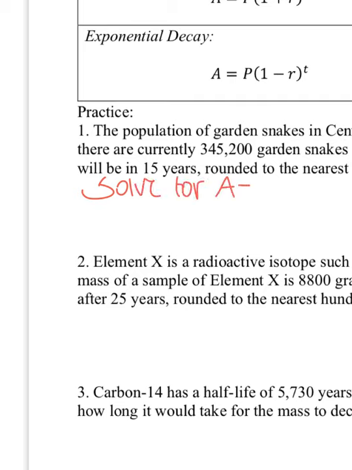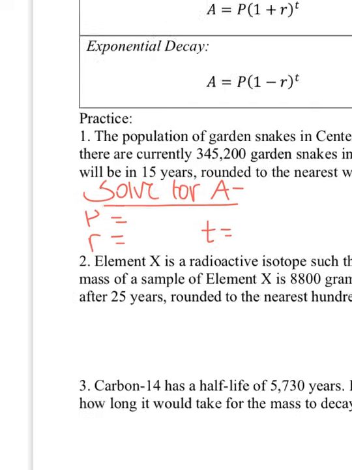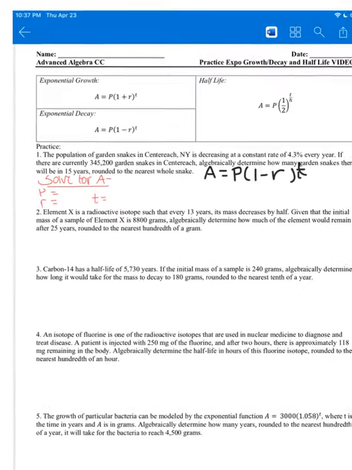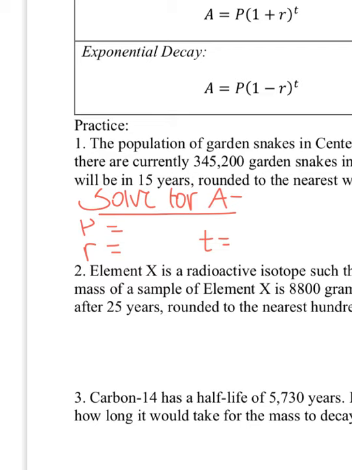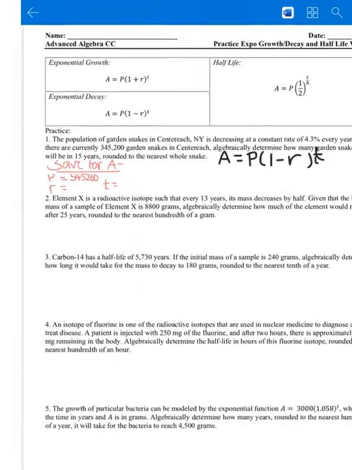So if we're solving for A, we have to plug something in for P, something in for R, and something in for T. P is how many garden snakes there currently are, or your initial amount. So that's going to be the 345,200. R is the rate.